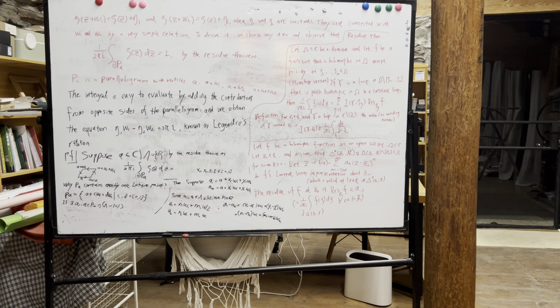So therefore, I think it has a unique representation. Yeah, so these omega 1, omega 2 are linearly independent.